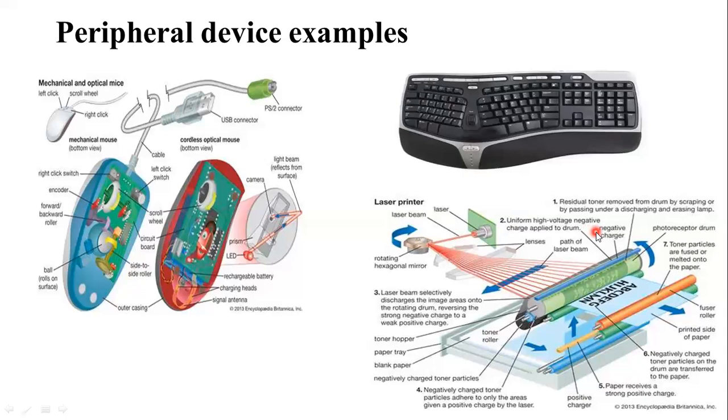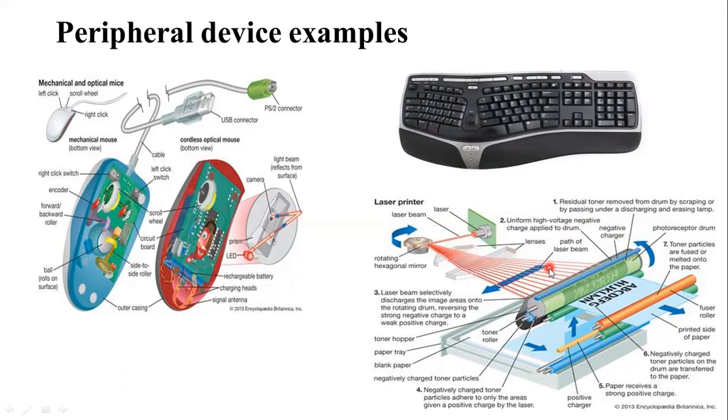The toner has been given a high negative charge. Again, the laser beam gives only that particular area which is to be printed, like the figure of A, figure of B, or any other figure. Onto that particular area it gives a positive charge, meaning the uniform high voltage negative charge applied to the drum will be made positive by the laser beam where you have to print the picture.